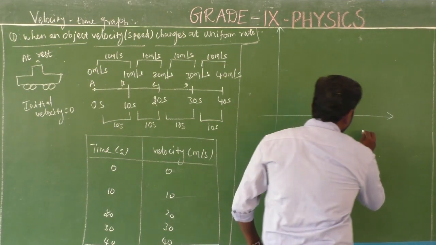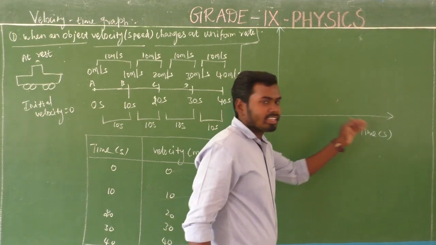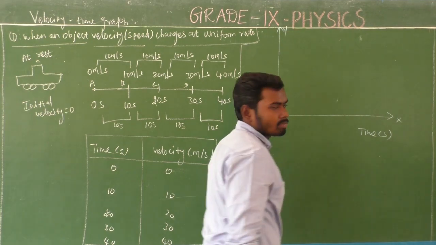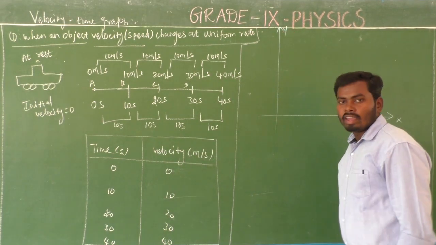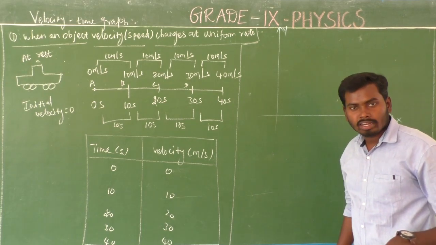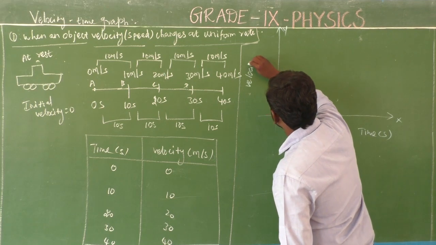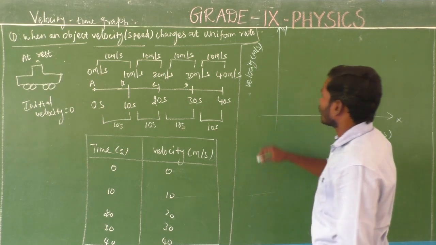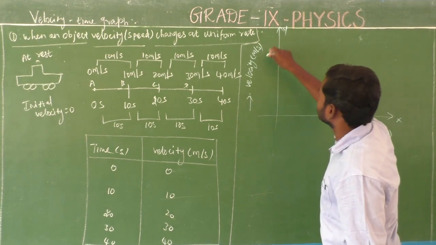So time in seconds along the x-axis. This is the x-axis and this is the y-axis. Along the y-axis, we always take what quantity? That is velocity, in meters per second. So velocity is taken along the y-axis.